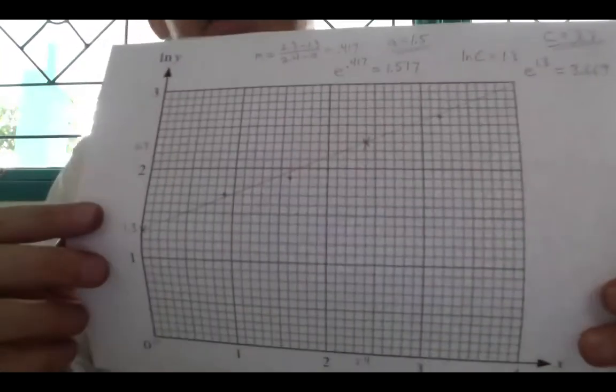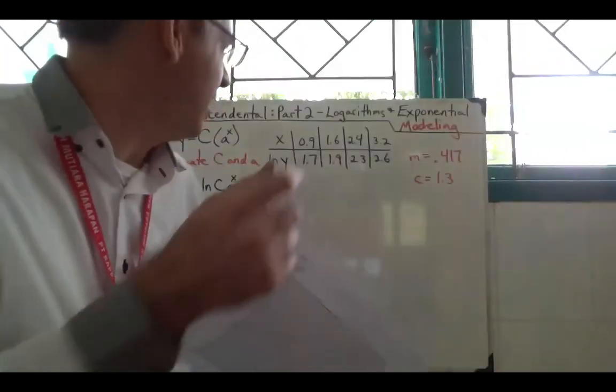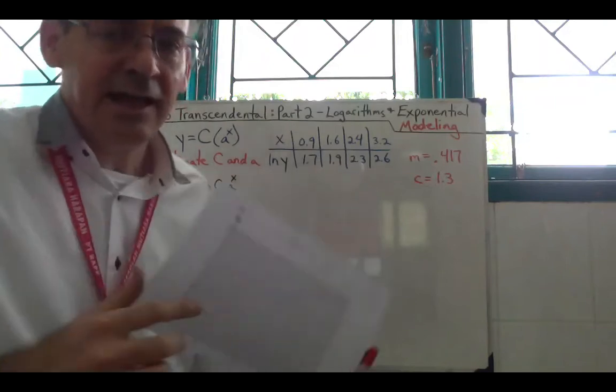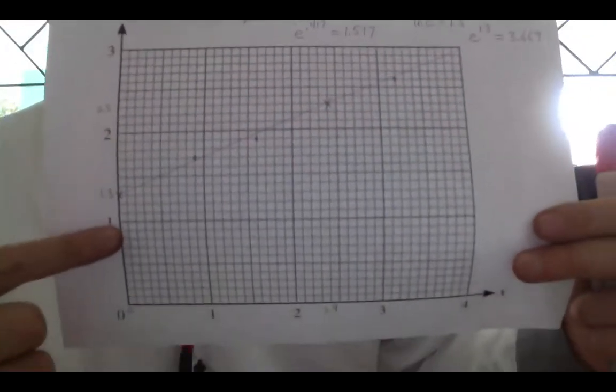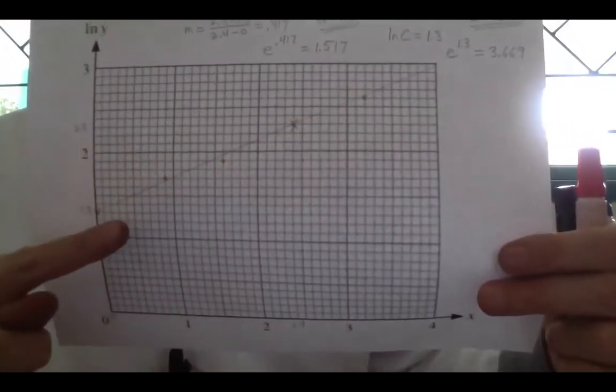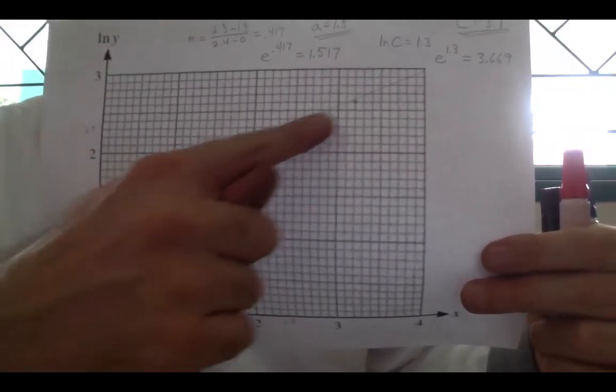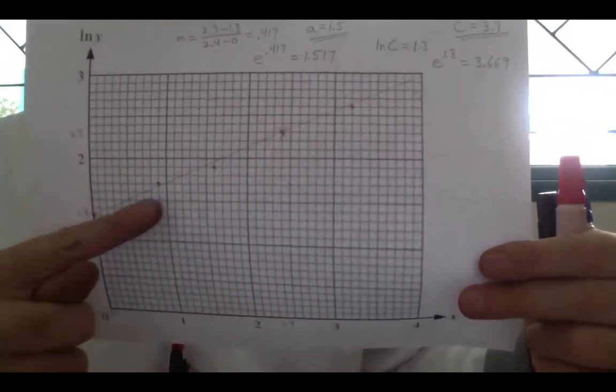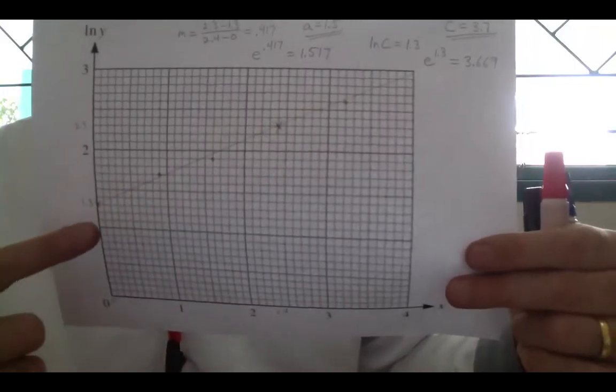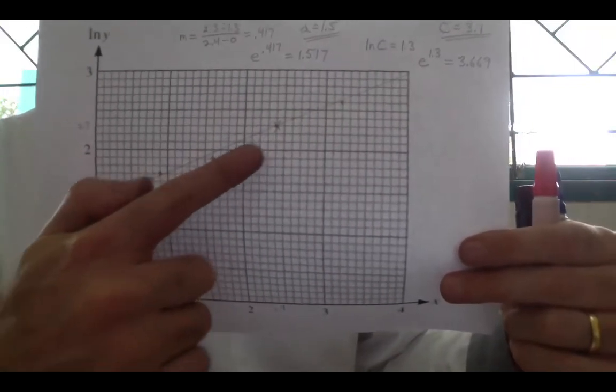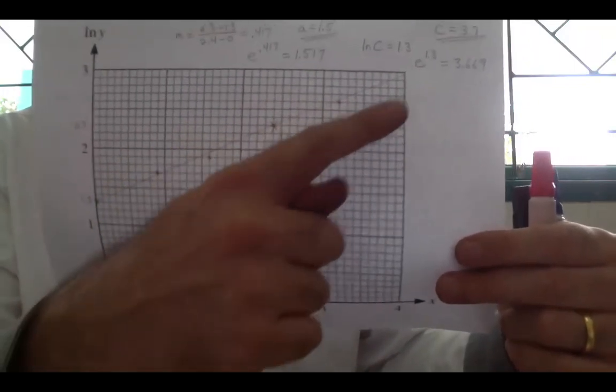And so you can see when I plotted their points, here are the 4 points. I plotted them here on the graph. And you can see that they don't exactly follow a line. So you have to do a line of best fit. So here's 1, 2, 3, 4 points.